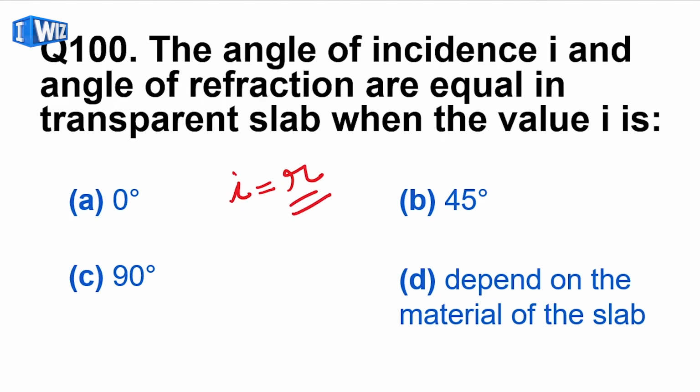When a ray passes undeviated. Let's say this 0 degree is the angle of incidence. So when a ray is passing undeviated, straight, in that case there will be no angle of refraction. So the angle of refraction will also be 0 degree. So what is the right option?